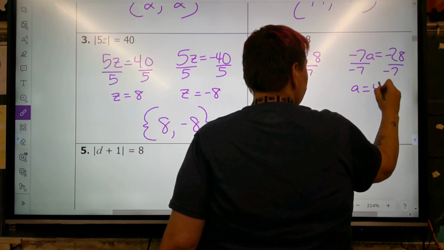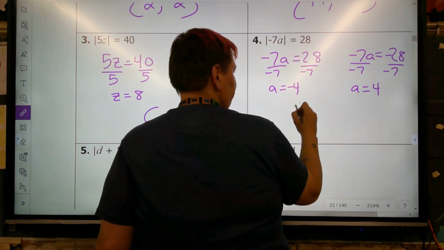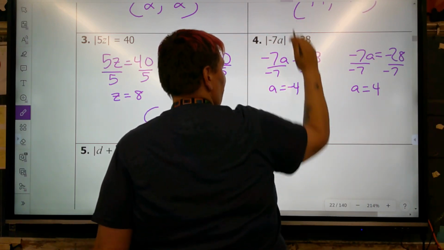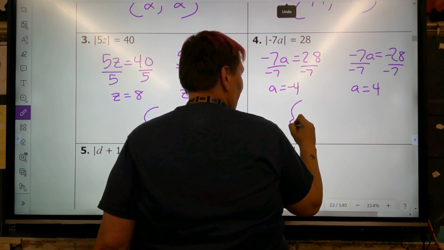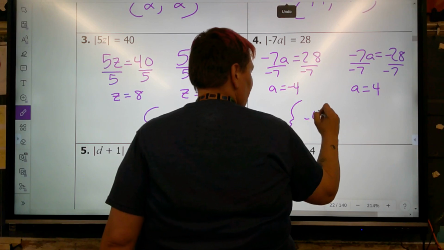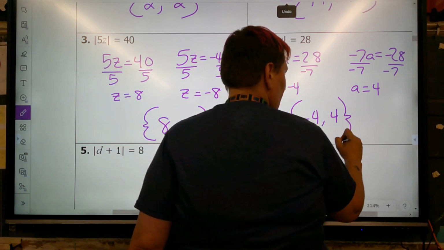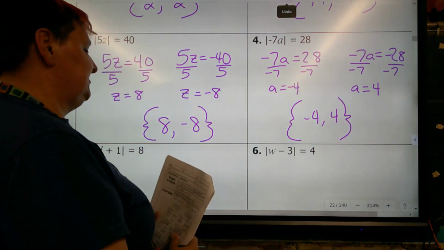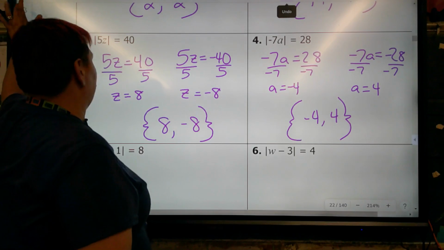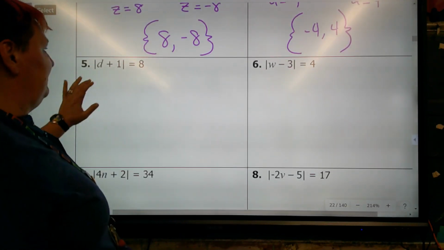A could be positive 4. Oh, that didn't look right. Negative 4 and positive 4. Still not great, but we're making progress. Alright.